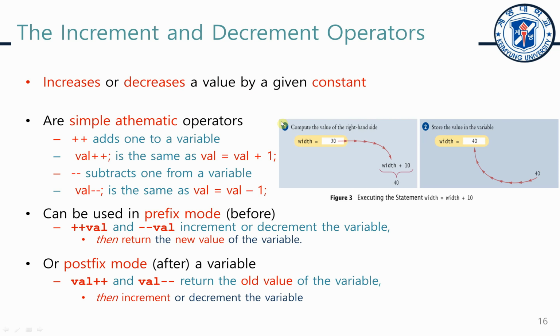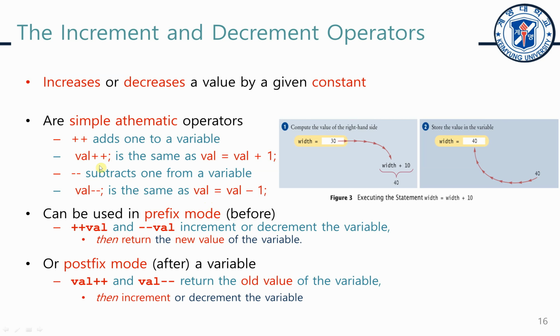So they're helpful together with repetition flow controls. They are just simple arithmetic. For instance, the plus plus adds 1 to the variable, and the minus minus operator subtracts 1 from the variable.